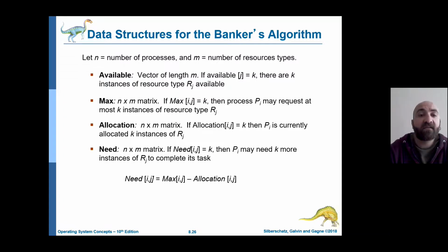Need is an n times m matrix that indicates the remaining resource need of each thread. If Need[i][j] equals k, then thread Ti may need k more instances of resource type Rj to complete its tasks. So note that Need[i][j] equals Max[i][j] minus Allocation[i][j].